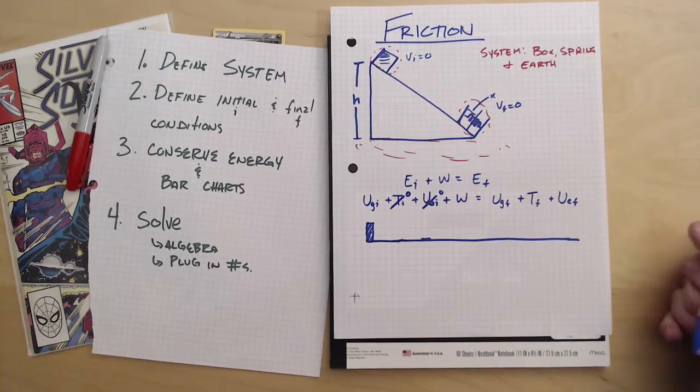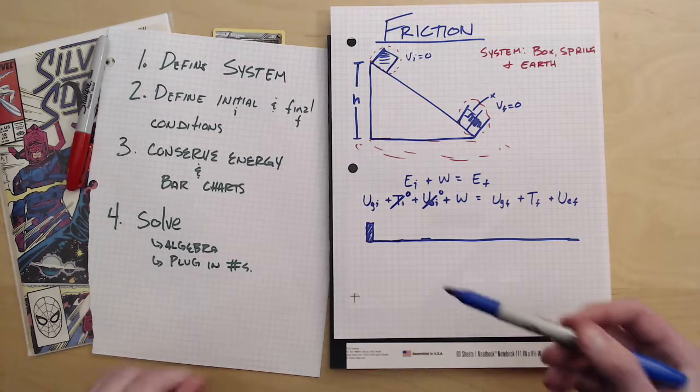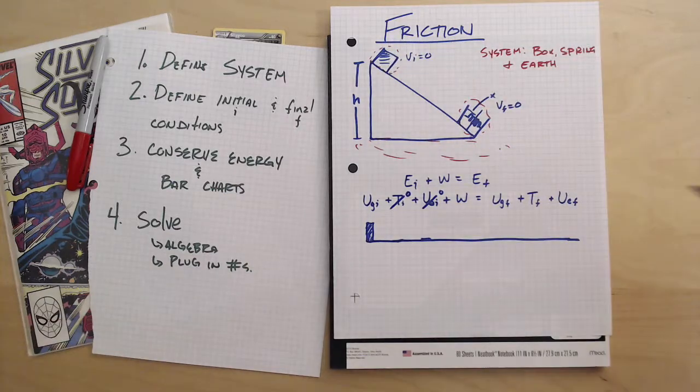And now we have to ask ourselves, is the friction going to be adding some sort of energy, like the rockets did on Charlie's skateboard? Or is it going to be taking away some of the energy? Well, it's going to be dissipating the energy from the system. So that means that our system is actually losing energy here.